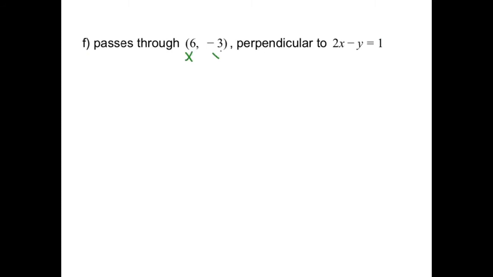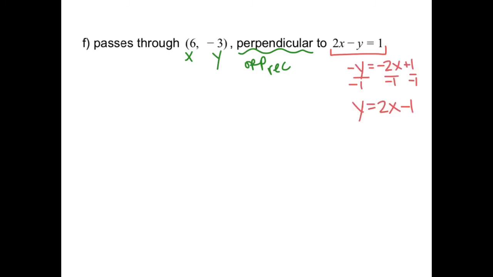Moving right along here, we have another example that passes through a point, so that is going to be my x and my y value, and we need to find m using the perpendicular relationship, which remember is opposite reciprocals. So the first thing I have to do, just like in the last problem, is solve this equation for y to get y equals 2x minus 1, and from here I can see that this slope is m equals 2. So the slope of my first line is 2, but the opposite reciprocal would be -1/2.